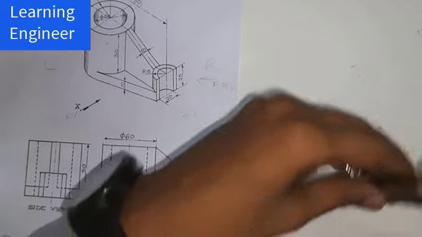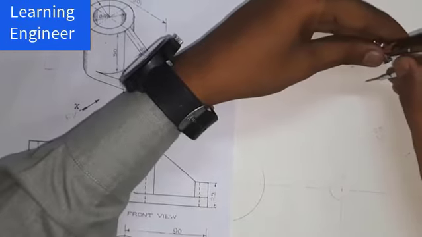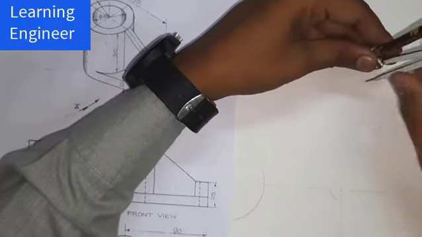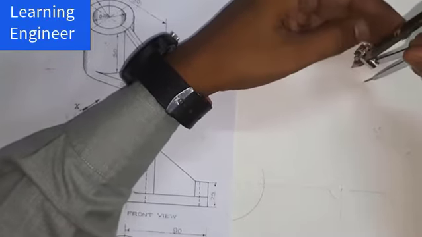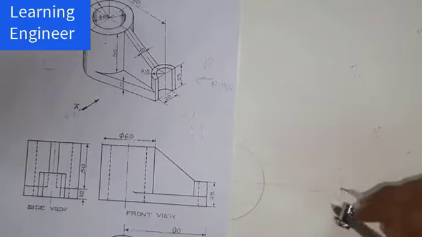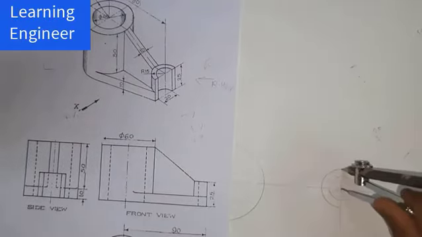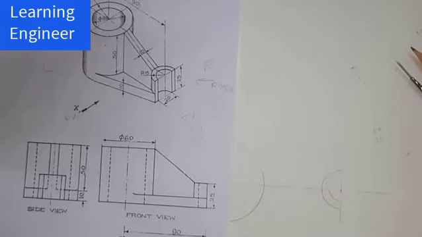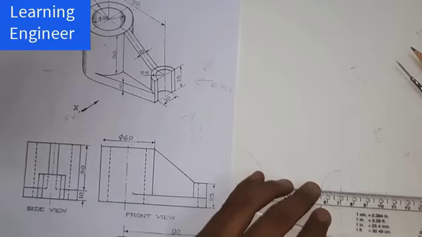Okay, this is how I have drawn the circle, but this should be a semicircle. And then the outer circle is of 15 mm radius. This is again a semicircle. So this is how we have drawn these two circles.